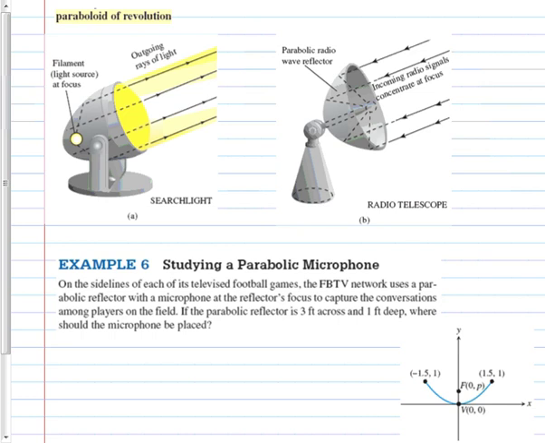So we can work two directions for it. A spotlight has a light at the focus. And when the light goes out in all directions from that light bulb or that filament, it reflects off the paraboloid walls and comes out exactly parallel to each other, so you have that beam of light.